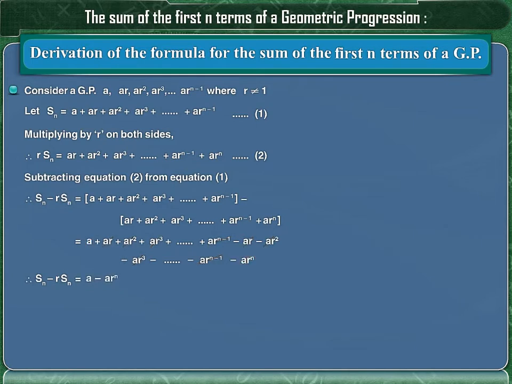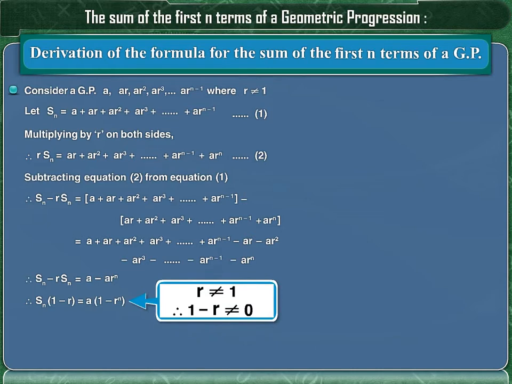Since r is not equal to 1, 1 minus r is not equal to 0. Therefore, dividing by 1 minus r, we get Sn is a into 1 minus r raised to n upon 1 minus r.